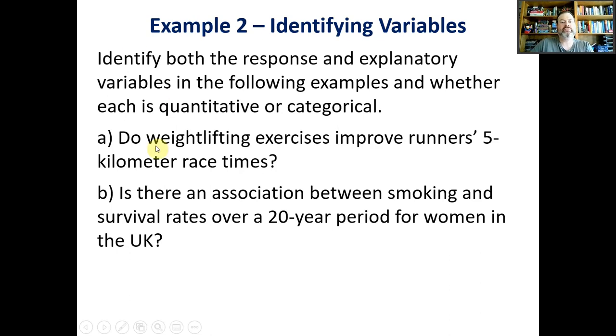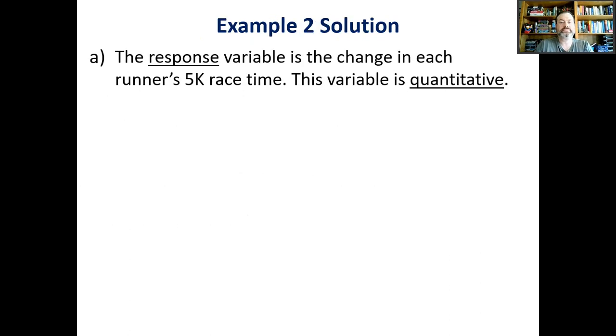Well, here's the thing. If weightlifting exercises is part of a variable, that means there have to be some people given weightlifting exercises and other people that don't do them. So this would be categorical. I'm sorry, your explanatory variable would be categorical.